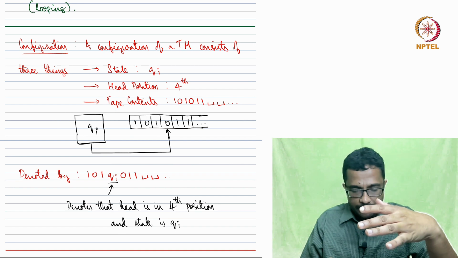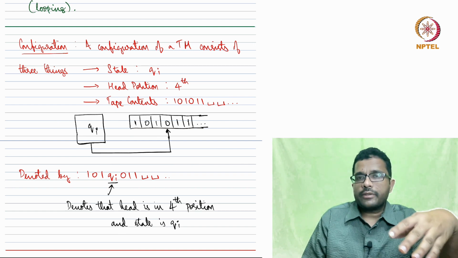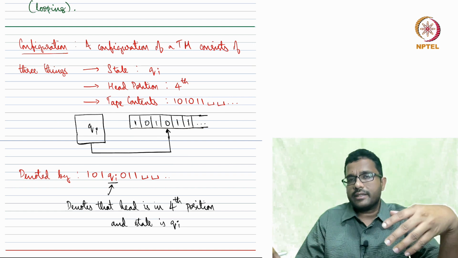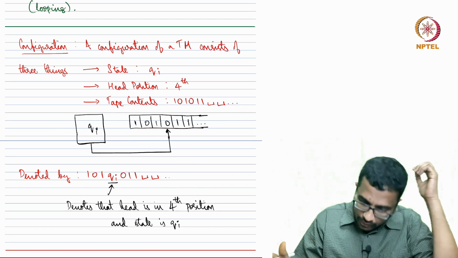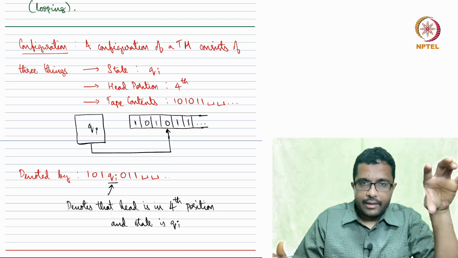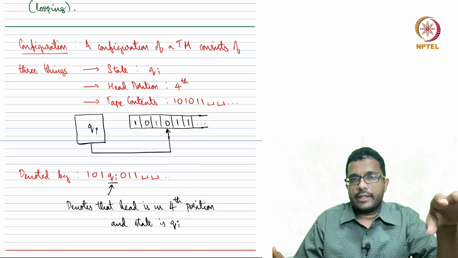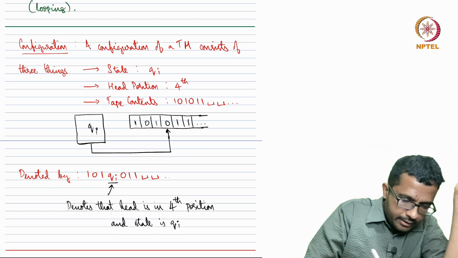Once I tell you this, you can start computation from this particular point and then see where it goes. It doesn't matter how I reached here, right? So these three pieces of information together are called configuration: state, head position and tape contents.